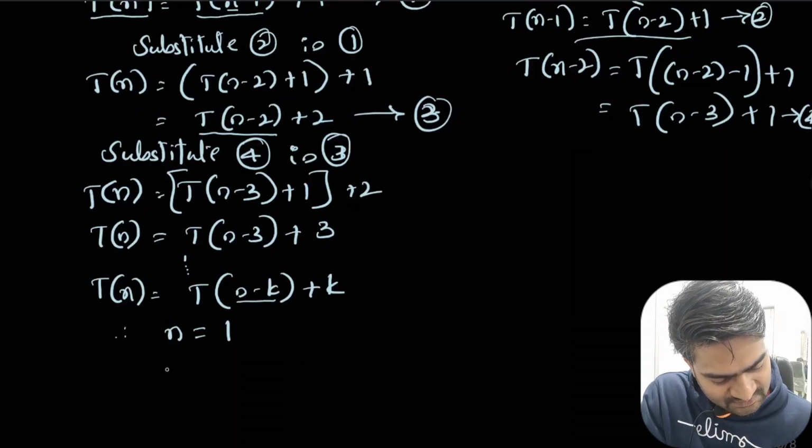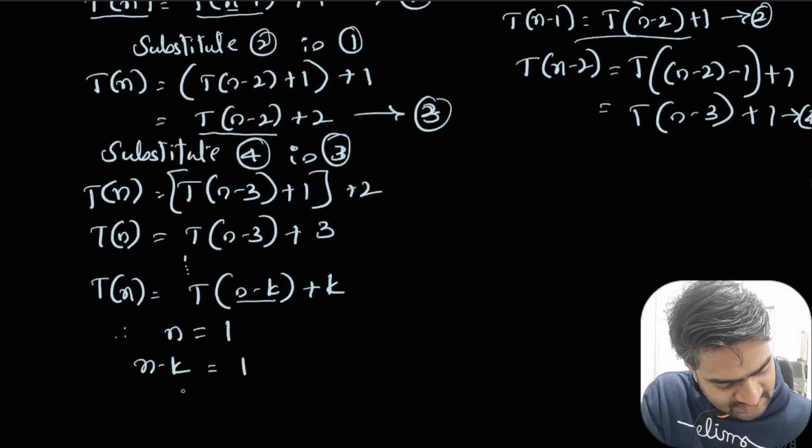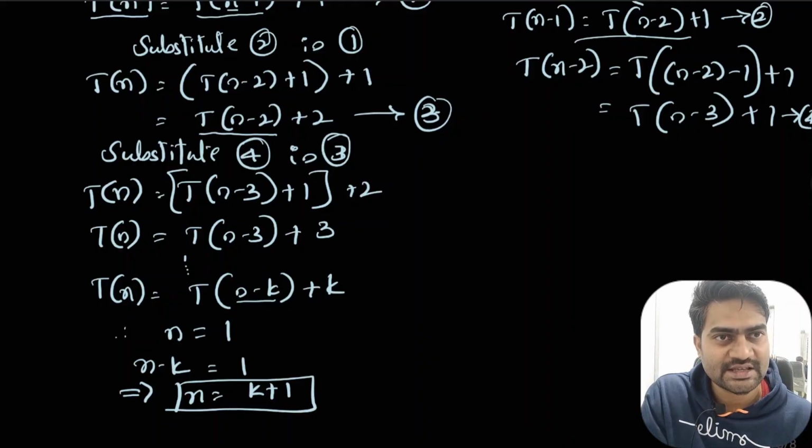So we will use this one. If that is the case, then to reduce it to 1, our n minus k should be 1. Correct, right? If that is the case, n becomes k plus 1.